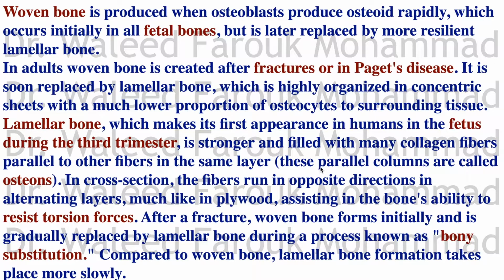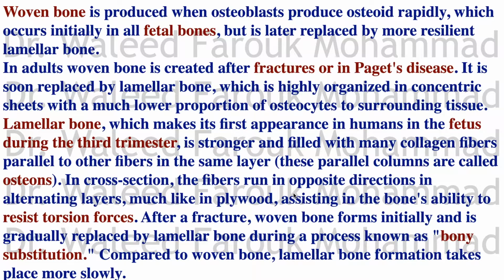Lamellar bone, which makes its first appearance in humans in the fetus during the third trimester, is stronger and is filled with many collagen fibers parallel to each other. If you take a cross section of the fibers, you find that the fibers run in opposite directions in alternating layers.